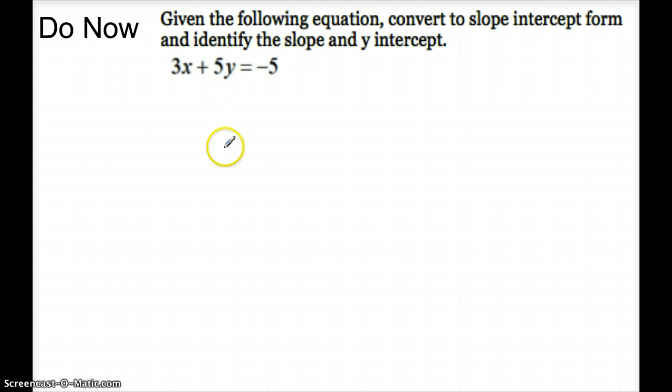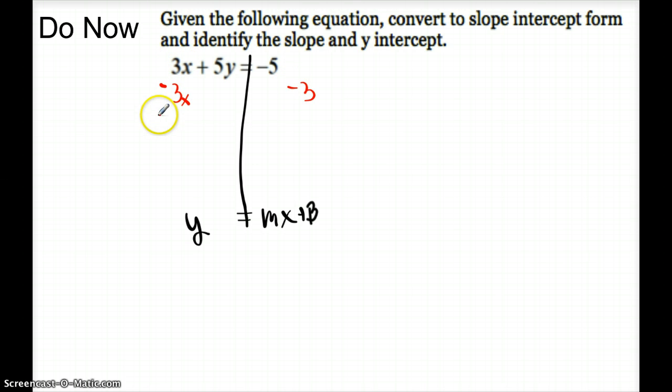So a little bit of review before we get to it. We've got 3x minus 5. I want this in slope-intercept form. So again, in the end, I should end up with y equals mx plus b at the very end. Okay, so I'm going to subtract this 3x over here, minus 3x, minus 3x. I'm going to rewrite it so that the x comes first. So this goes away.